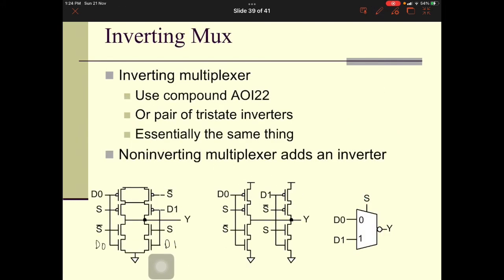We can also implement an inverting multiplexer using this circuit over here. So let's see how to implement it.